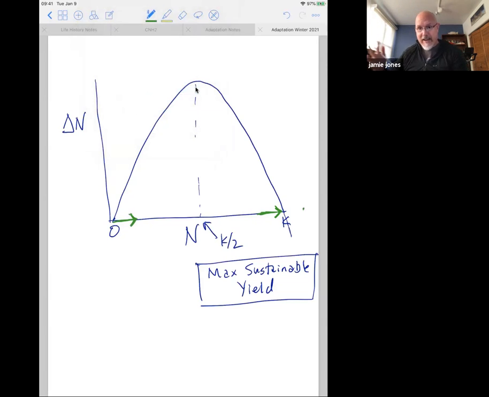You're going to have contraction of the population, which means that it's going to come back to your equilibrium. So we will say that the carrying capacity in this simple model without any perturbations has two equilibria, and one of them is unstable because the population tends to move away from it, and one of them is stable because the population tends to move back to it when it's perturbed.